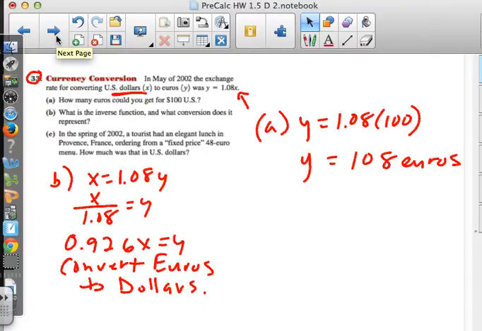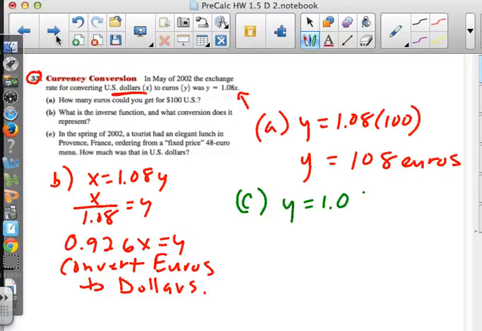All right, part C. In the spring of 2002, a tourist had an elegant lunch in Provence, France, ordering from a fixed price €48 menu. How much was that in US dollars? Well, to tell you the truth, I would probably go back to the beginning here, because again, this was rounded. And we want to know 48 euros is what in US dollars?